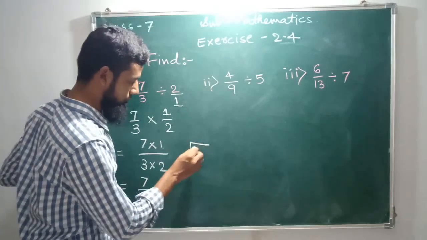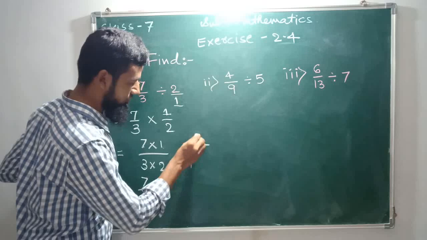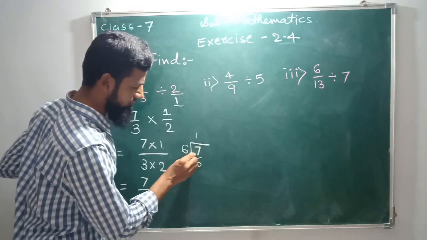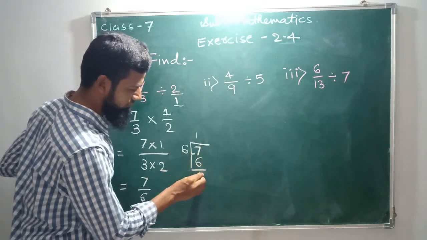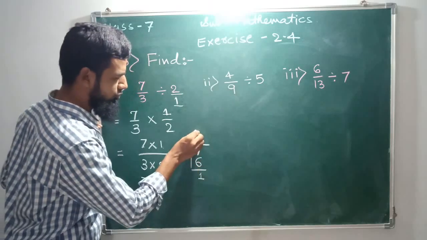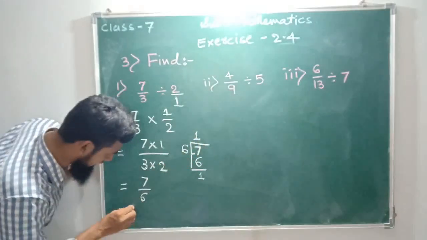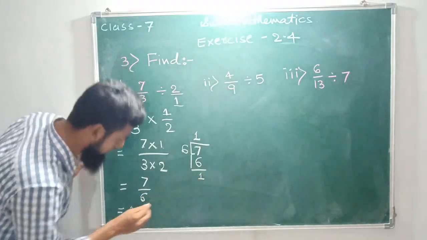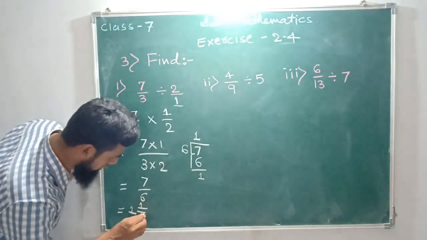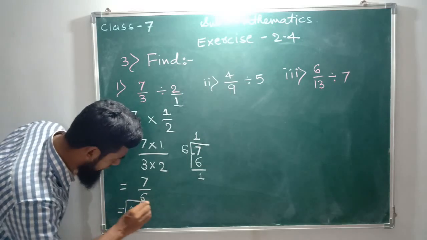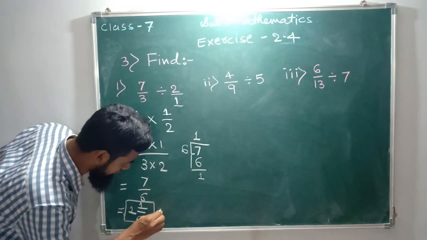So 6 divided by 7, 6 times 1 is 6, 7 minus 6 is equal to 1. So what is the answer? 1 integer 1 upon 6, it is your answer.